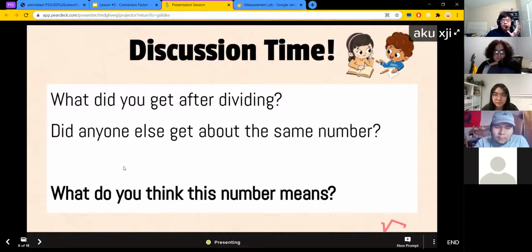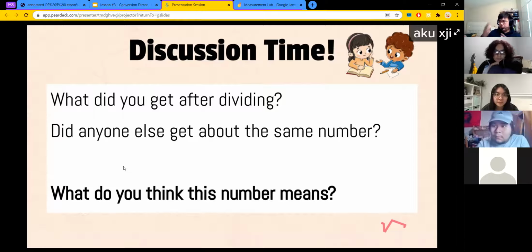But if you think of this like a fraction, because when you're dividing, you're basically doing a fraction. What do you think goes on the top of a fraction? If we're dividing centimeters by inch, what goes on top? The centimeters. Right. And what goes on the bottom? The inch.